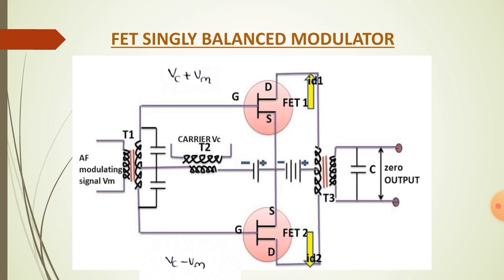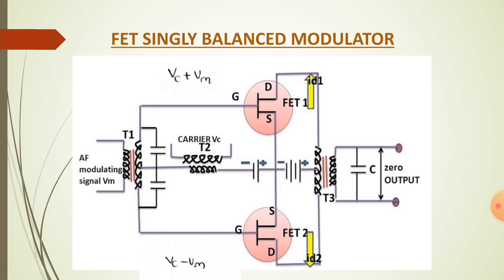In the absence of the modulation signal, the field effect transistors will produce currents due to the carrier signal, and these currents will be equal in magnitude but opposite in direction. As you can see in this circuit, the currents ID1 and ID2 flow in opposite directions. These are the currents produced due to the carrier signal.